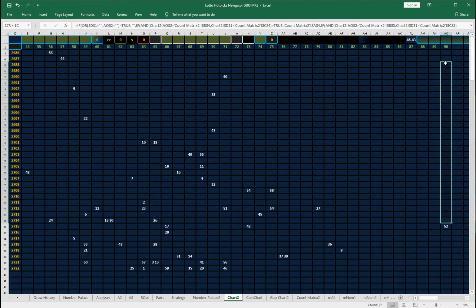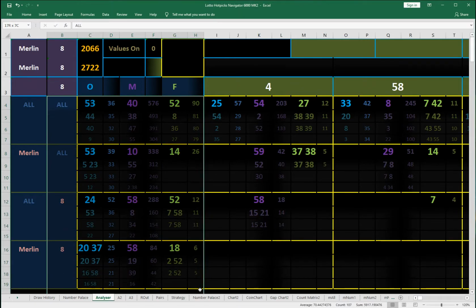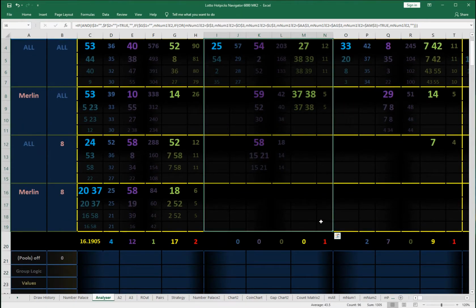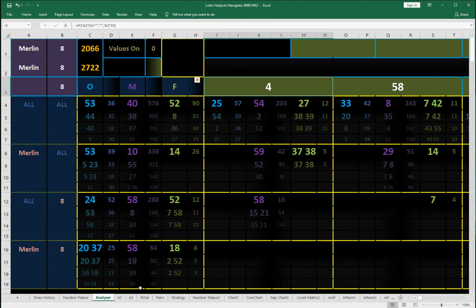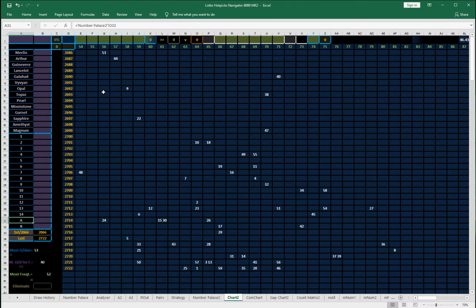So you can see frequency of 52 is 90, which is specified on the analyzer, and it does that for each chart. So I can look at the summary of all 4 of those charts at the same time in this, the general section of the analyzer. The section next to it is the same again, but filtered by a number. And the number filter is this section.